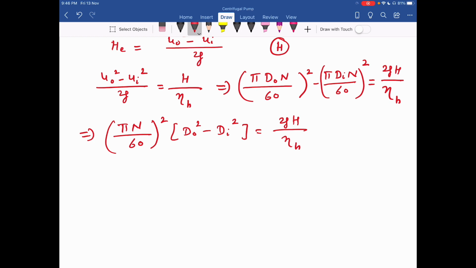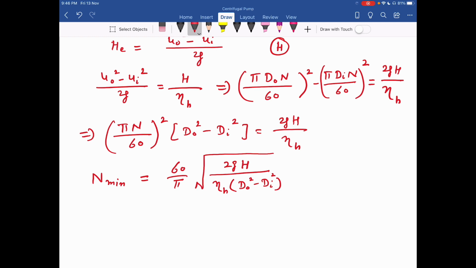Now further from this formula I can write N minimum, that is the minimum speed of the pump to develop a head H, equal to 60 divided by pi, 2gH divided by hydraulic efficiency into (Do square minus Di square), where this term is under root.